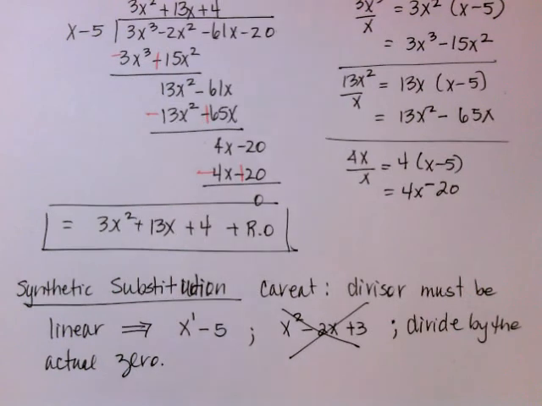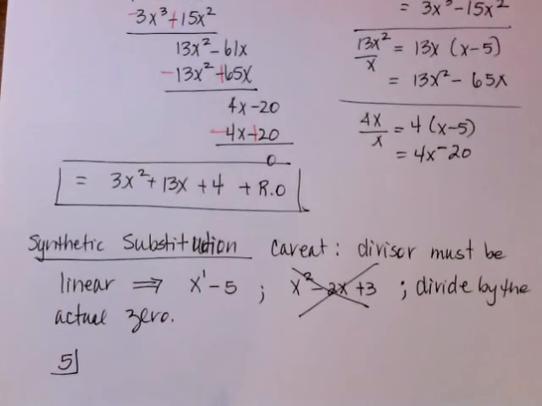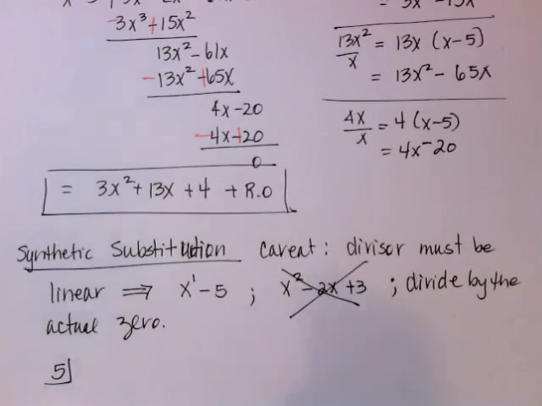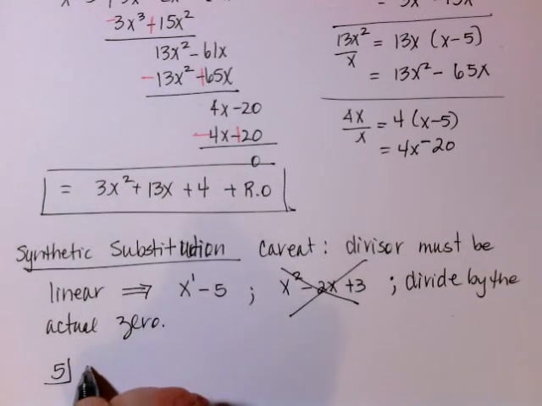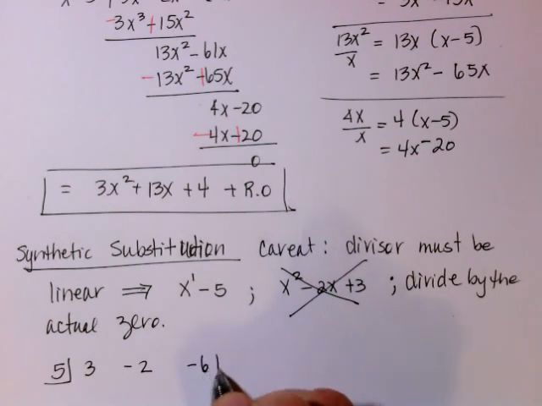Okay, so in the problem that we had up above, we divided by the factor x minus 5. So remember, that means that the x-intercept is actually x is equal to 5. So I'm going to divide by 5, scoot it up a little bit so you can see, and then I'm going to write down my coefficients. So I had a 3, a -2, a -61, and a -20. And I know you can't see it on my page, but you should have it in your notes.